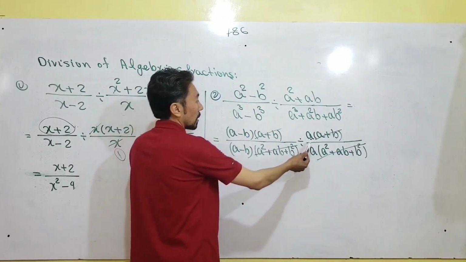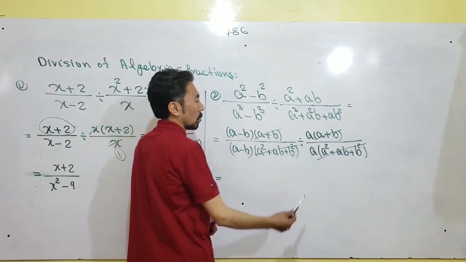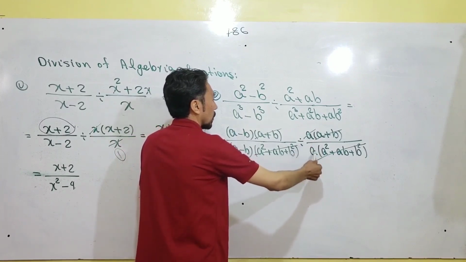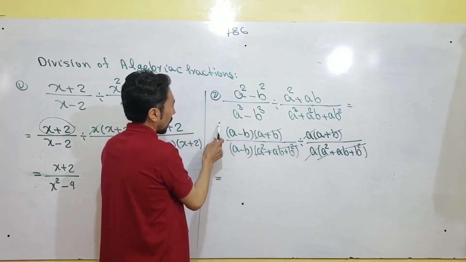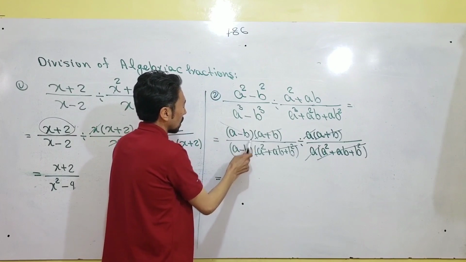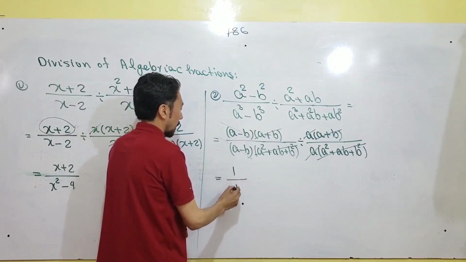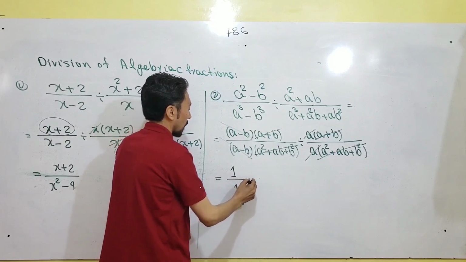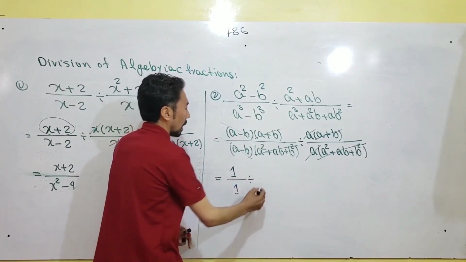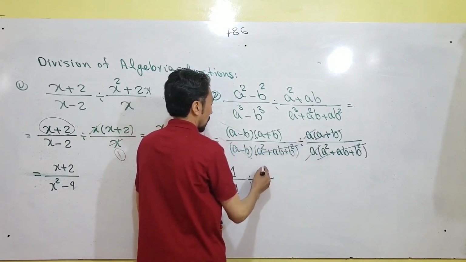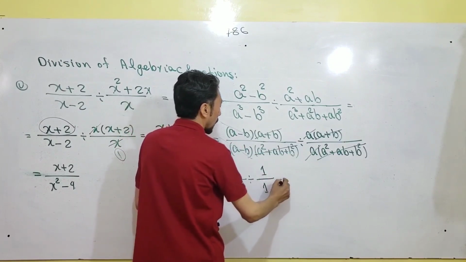Also, we can divide the same fraction numerator with denominator. For example, a divided by a, and a plus b divided by a minus b. So the result of the first fraction remains 1 over 1, and also the second fraction remains 1 over 1.